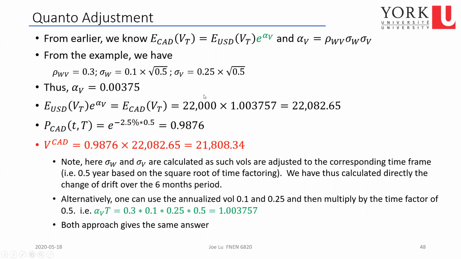So now all the information is given by the question. The correlation coefficient is 0.3. Sigma W is really 0.1 times the square root of 0.5. And this sigma V is 0.25 times the square root of 0.5.